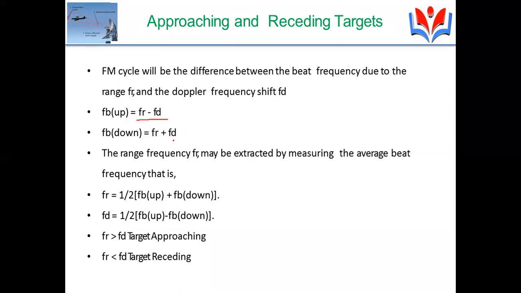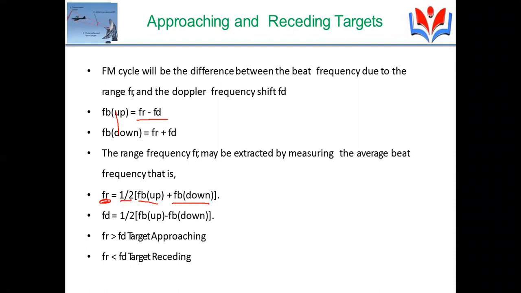So what we need to find out is, from the beat frequency, the range frequency separately as well as the Doppler frequency separately. Then only can we identify the range as well as the relative velocity. How do we get FR? FR is the average of these two: beat frequency up plus beat frequency down, divided by 2.